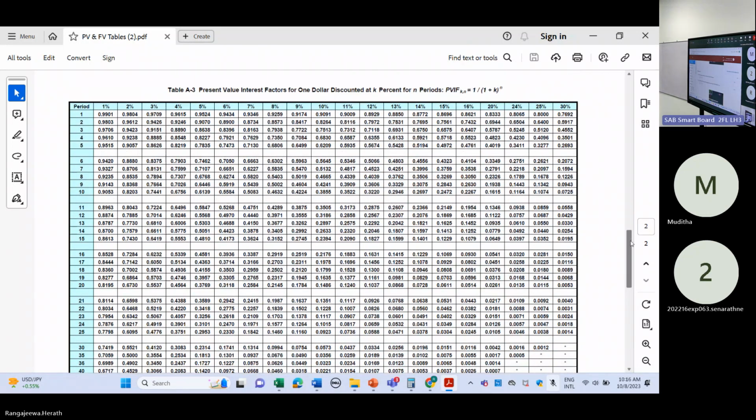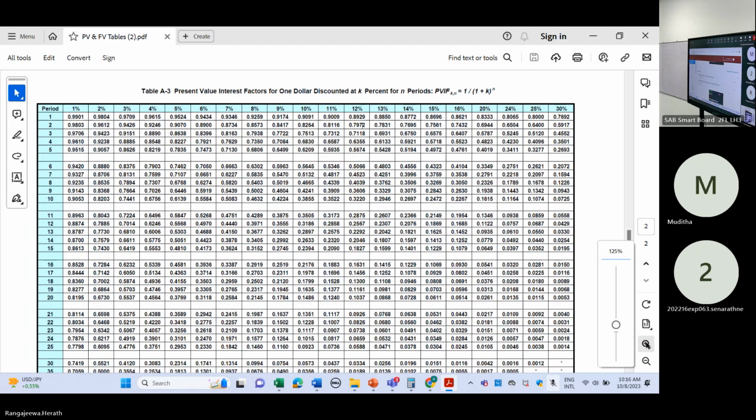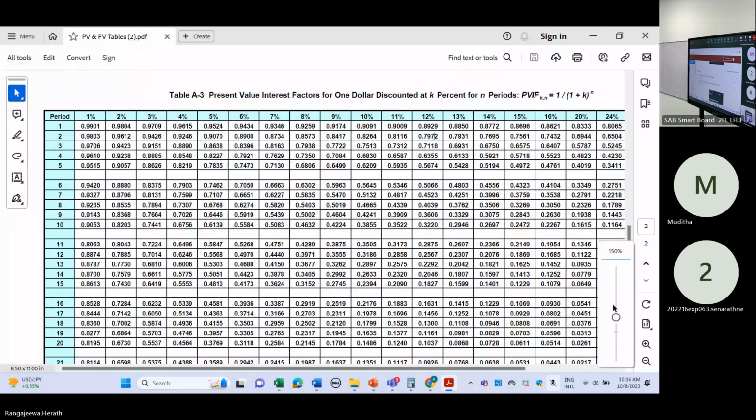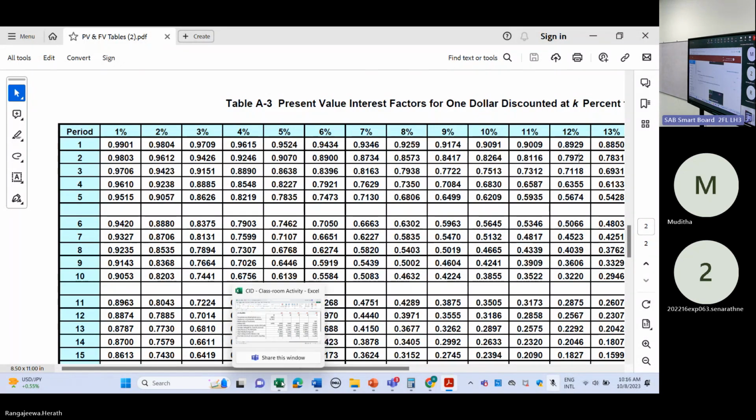Table A3, 12%. Right? Here you find the 12% rates.